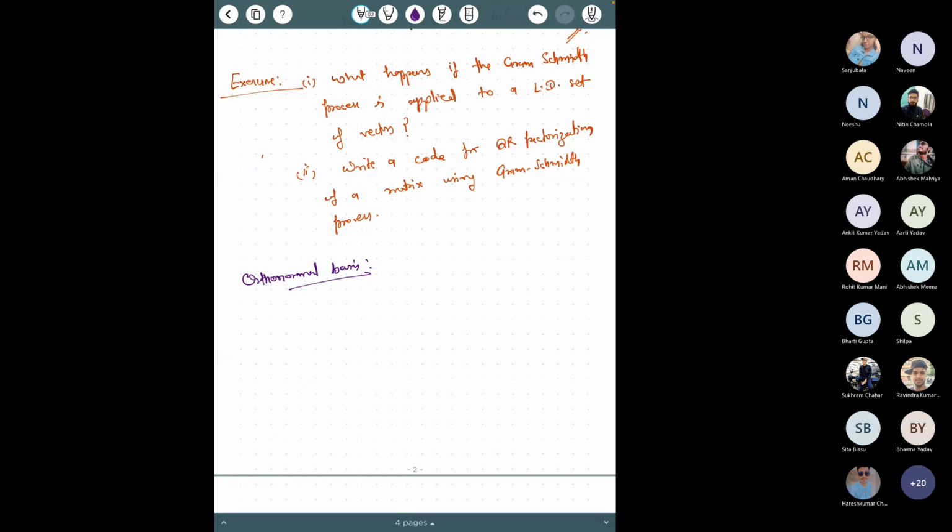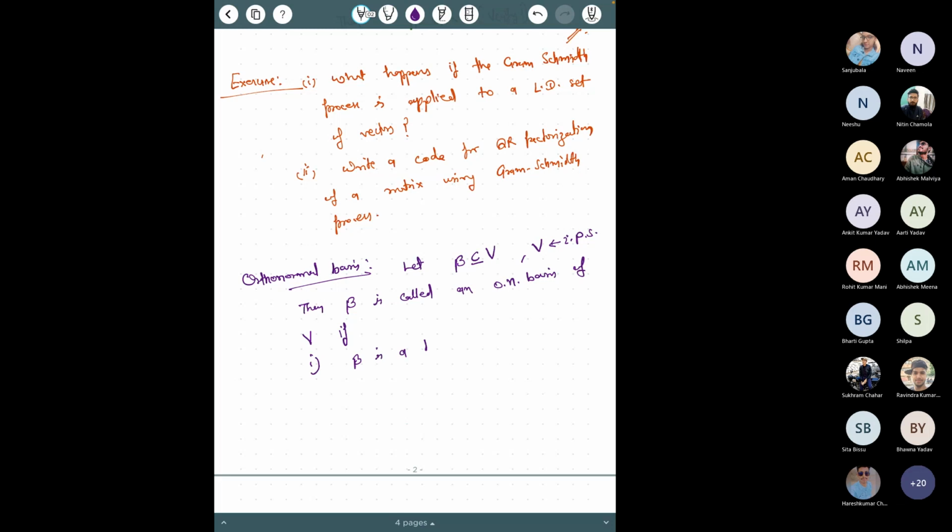So what is an orthonormal basis? Suppose that we have a subset B of V, where V is an inner product space. Then this set B is called an orthonormal basis of V if B is a basis of V. It's an orthonormal basis, means it's a basis which is also an orthonormal set.